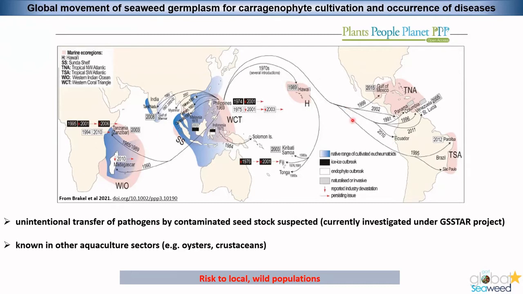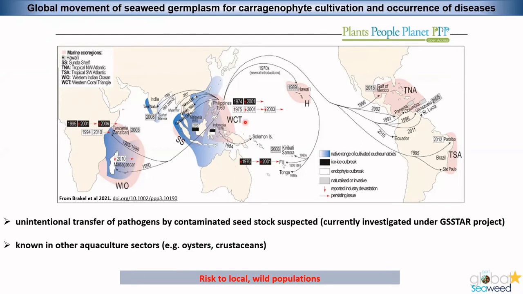And then after several years of cultivation in those countries, the seaweed became naturalized or even invasive in some of those regions. And moreover, disease outbreaks like the ice-ice and the epiphytes started to appear in some regions.